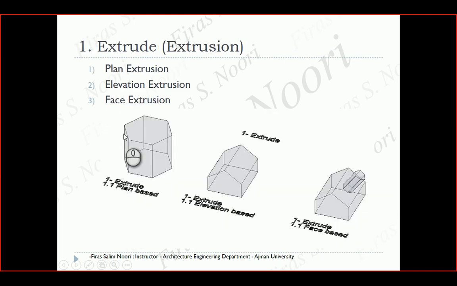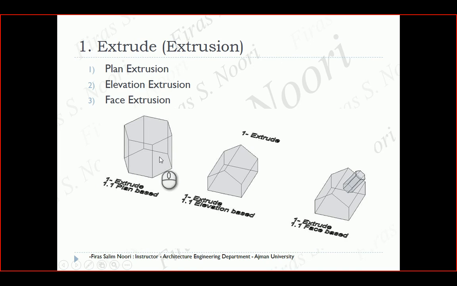So I'm going to show you the first method, which is a very basic and very familiar method, which we call extrude, and it's basically available in all types of 3D modeling, like 3D Studio Max, even AutoCAD, SketchUp. Probably SketchUp has a different name than extrude, but anyway, the idea is the same.